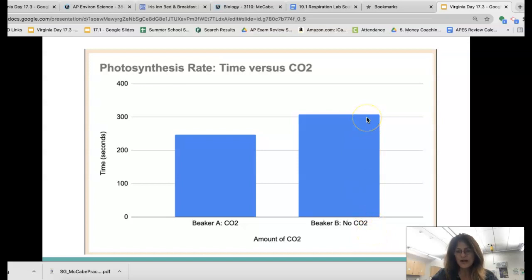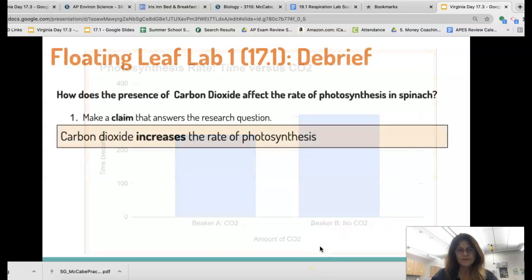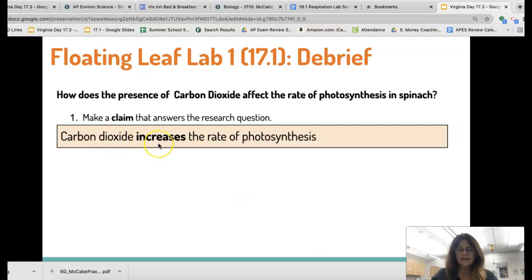It took more time for the same number of leaf discs to rise to the top of the water in the beaker. So based on that data, you can write a claim that would sound something like this. Carbon dioxide increases the rate of photosynthesis.